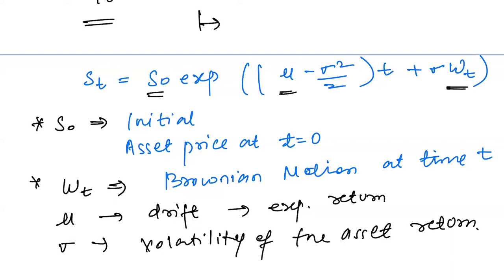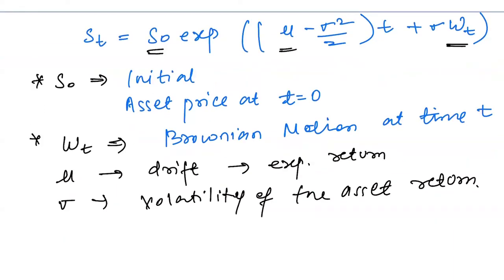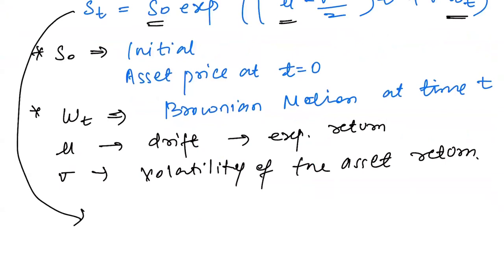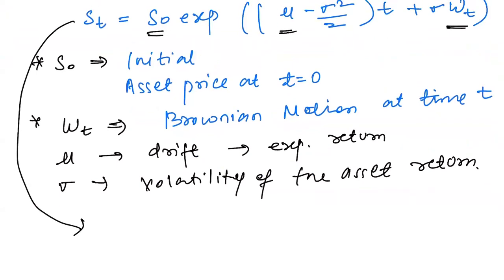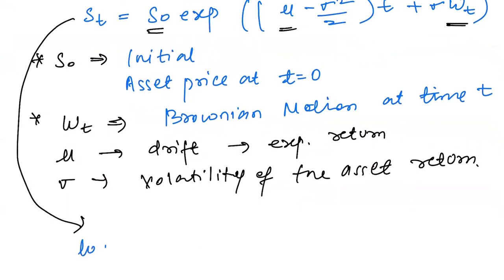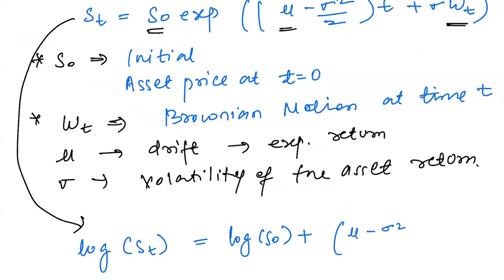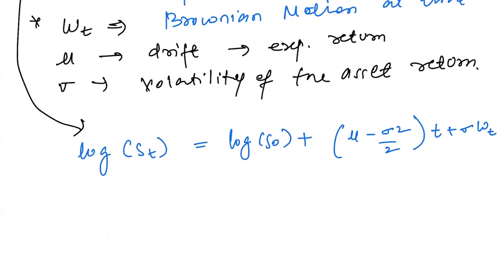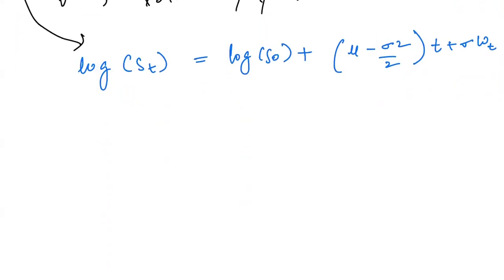So let's say if you see this equation, if we take log on both sides, it will be log of S_T is equal to log of S_0 plus, now log and exponential will get cancelled, as we all know, so it will be (mu minus sigma squared by 2) times t plus sigma W_T.